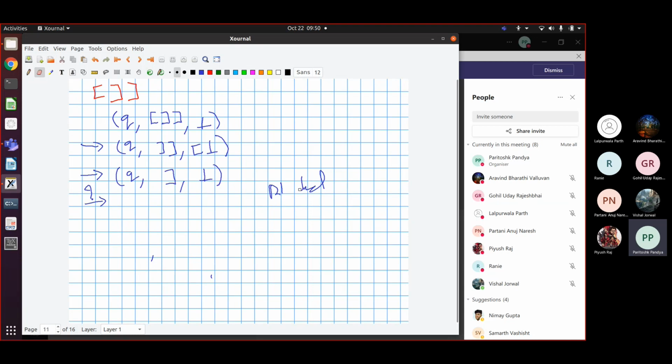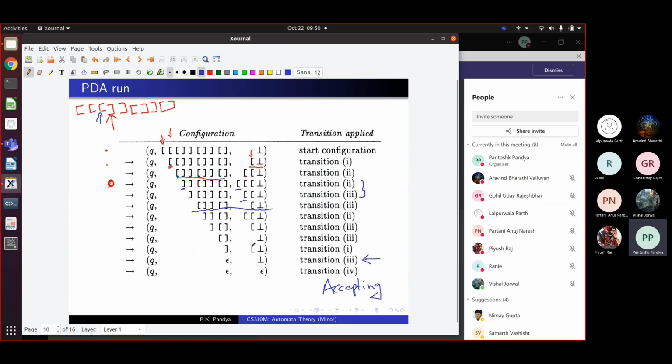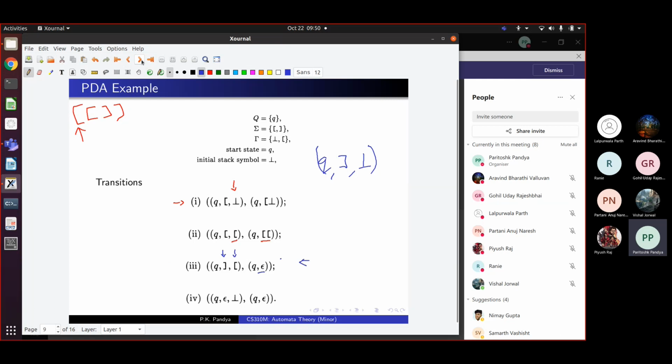Obviously this word should be rejected by the automaton because it cannot move any further. So you can study this, and you can see that this automaton will exactly accept the balanced parenthesis language. It will reach an accepting configuration like this if and only if the starting word was balanced. That is the design of this automaton.